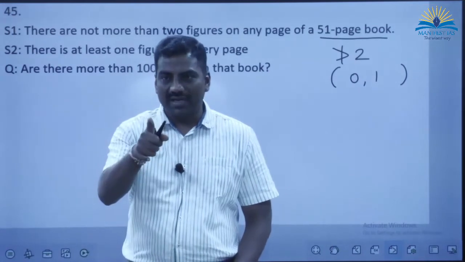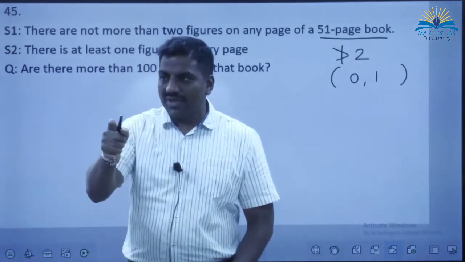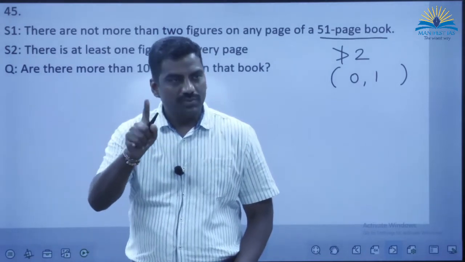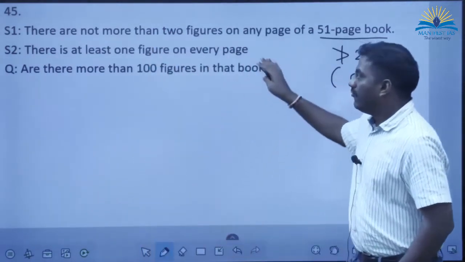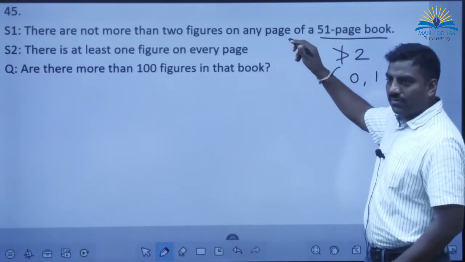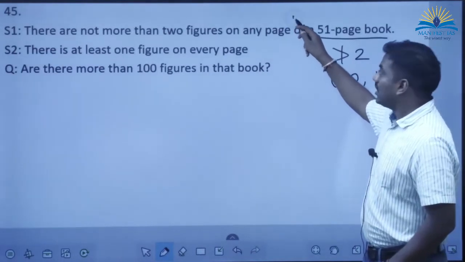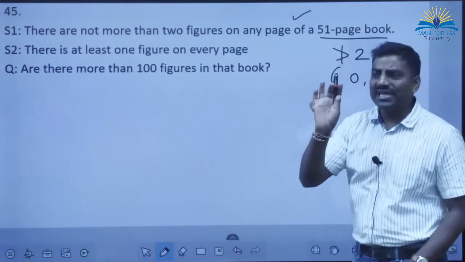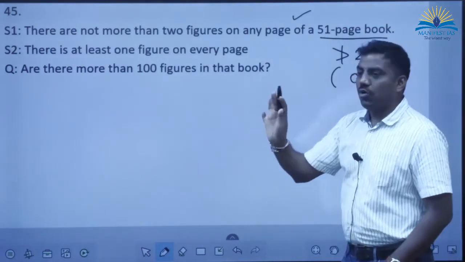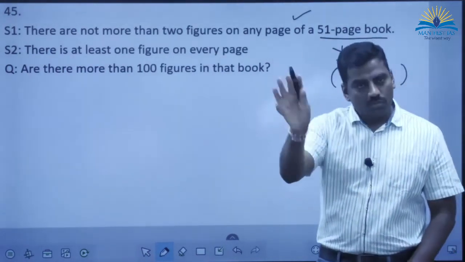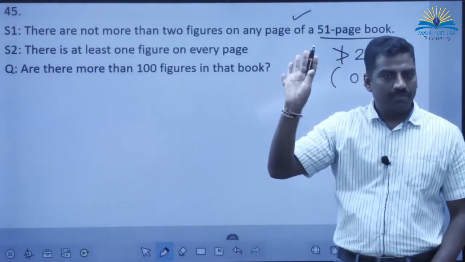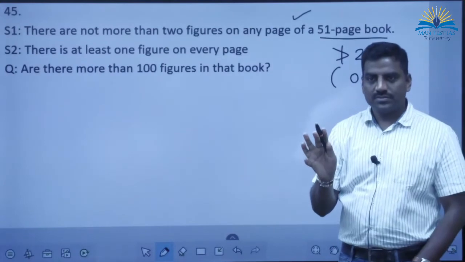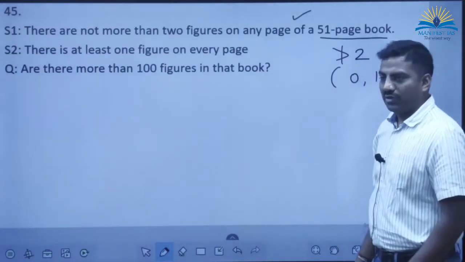No. You are able to answer, right? Either in terms of yes or no, you are able to answer. So with statement 1, I can answer the question. They are not asking you the exact number. Are there more than 100 figures? No. Simple. Over. So S1 alone is sufficient, right? Okay. We'll check the second one.